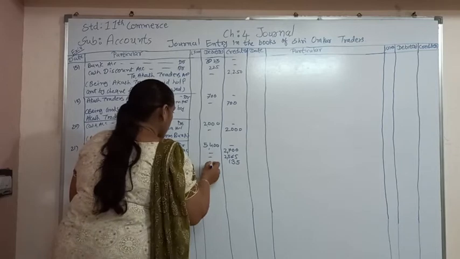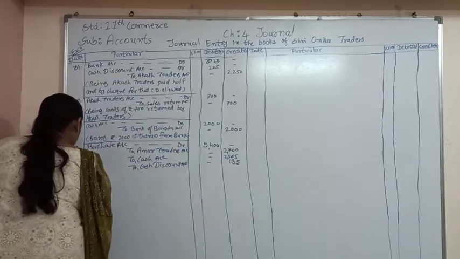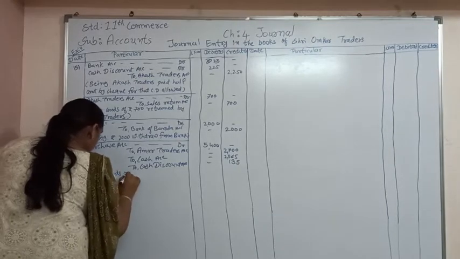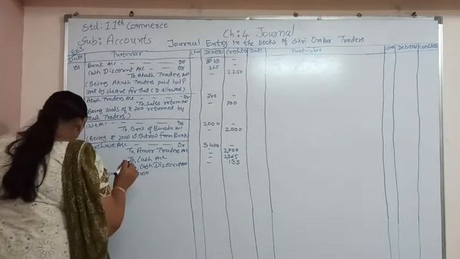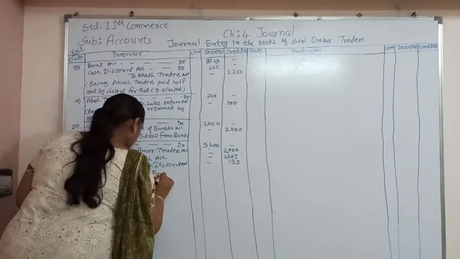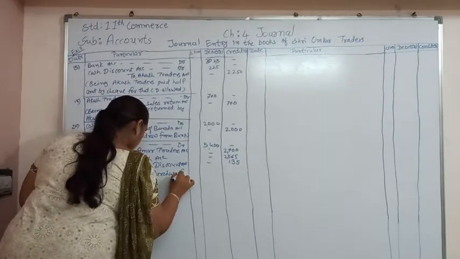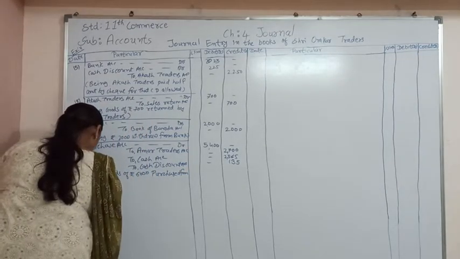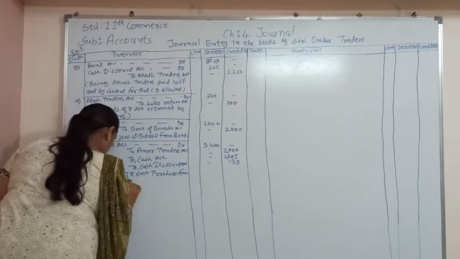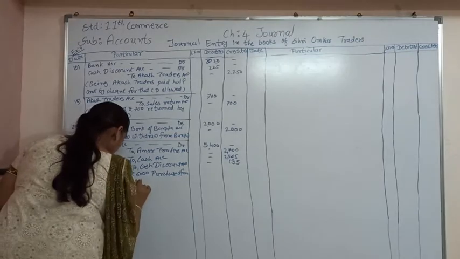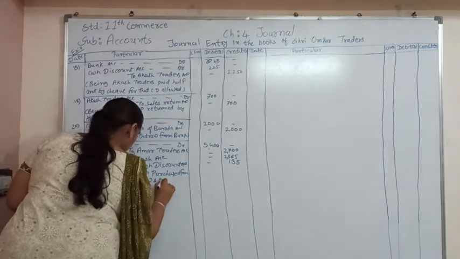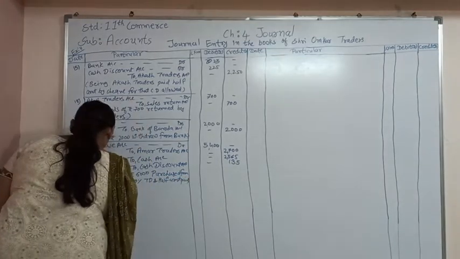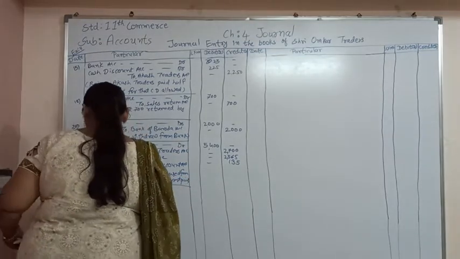So here, this journal entry we are going to pass. Being goods of rupees 6,000 purchased from Amar Traders at 10% trade discount and half amount paid for that.